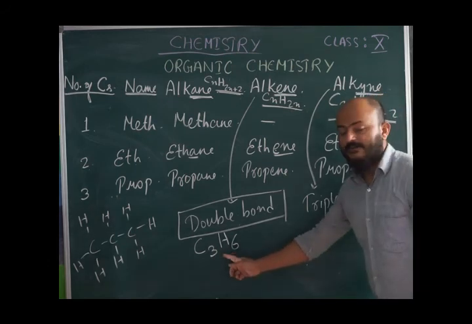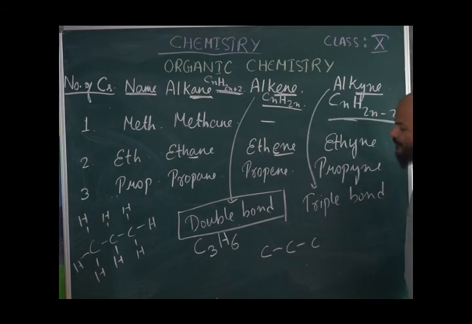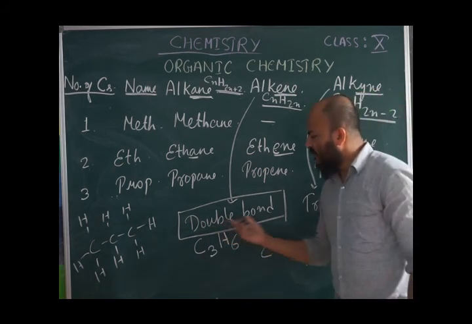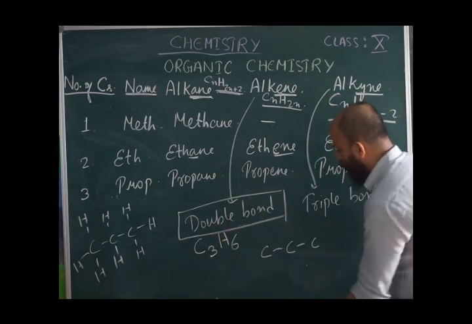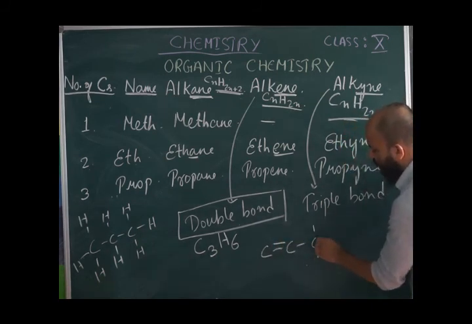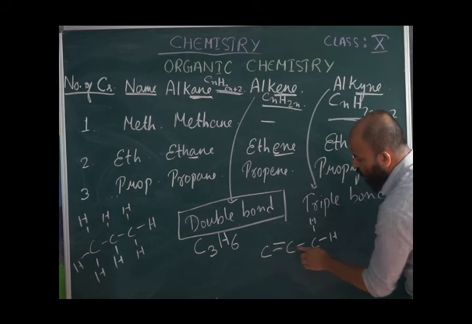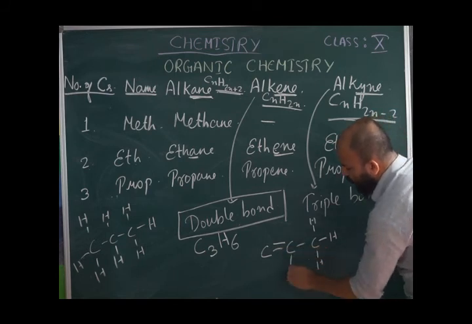Now let's try to find the structure of this one. So 1, 2, 3 carbons, and as I told you, there has to be a double bond. Okay? Now fulfill the valency of each carbon, 1, 2, 3 and 4. Here 1, 2, 3, already it has, so 1 hydrogen.